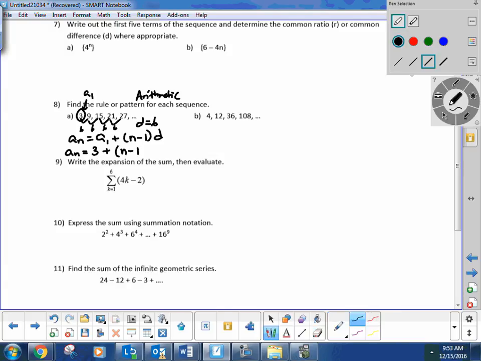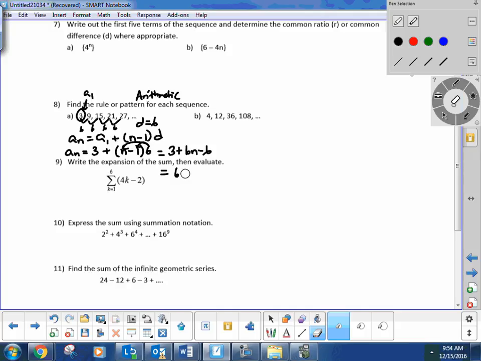N, we're going to leave it like that. That's how you determine the rule. This is going to be 6. So what you do is you distribute, and then this becomes 3 plus 6n minus 6. And your final solution comes out being 3. I'm sorry, not 3, because that's going to combine. The thing I love is that we discover a simplification, so we get that this is really 6n.